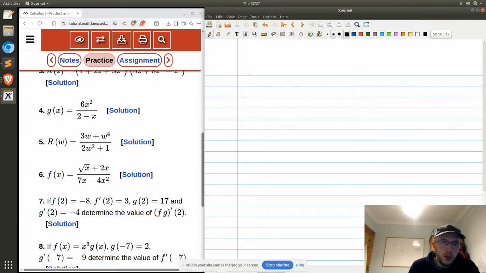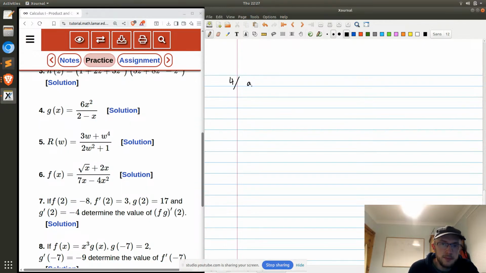Next, the quotient rule. And how does that go? That goes like this. The derivative of f over g is f prime g take f g prime all over g squared.